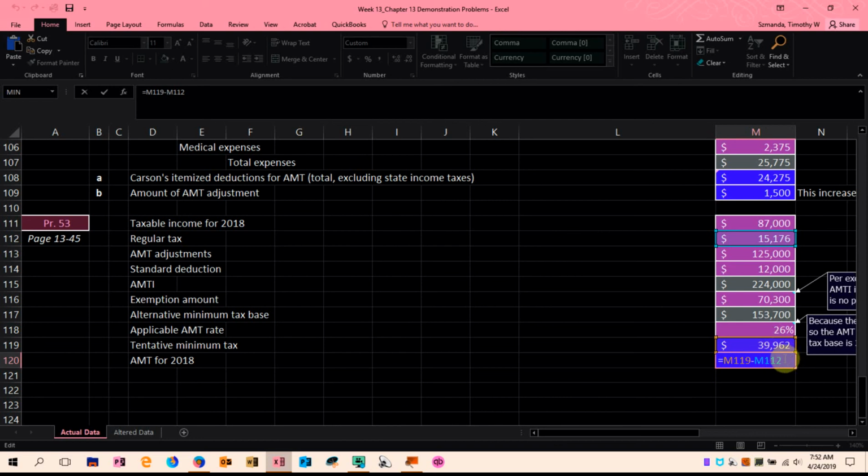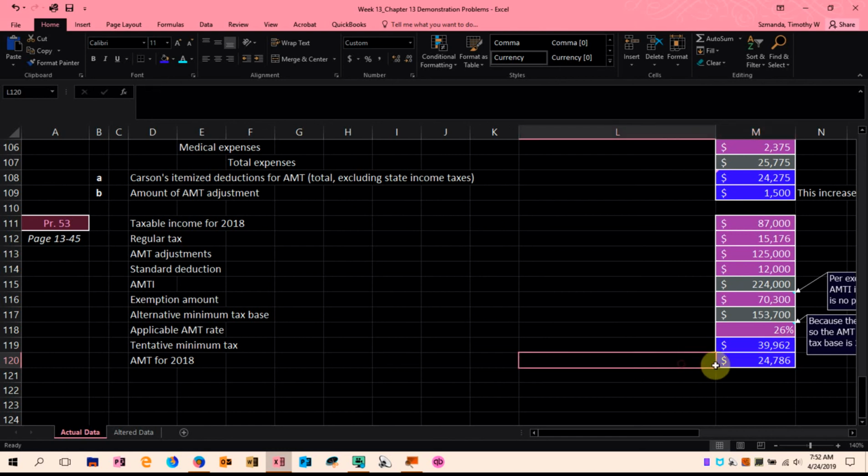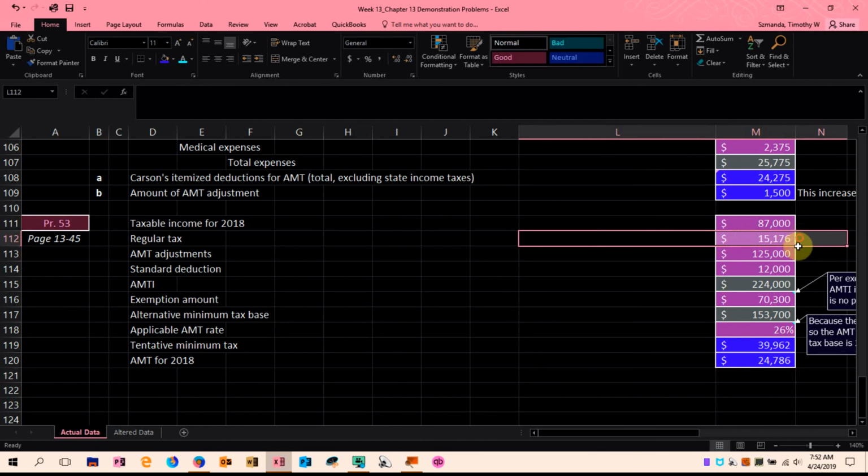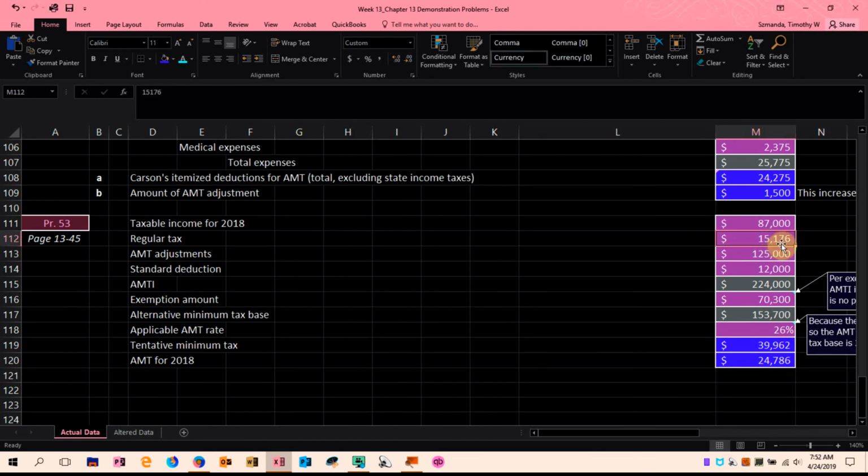Net the $39,962 with $15,176, and you wind up with an additional AMT tax of $24,786. So what we're saying essentially is that under the regular tax rules, this taxpayer only owed $15,176. However, under the AMT rules, they owe $39,962. So the difference between the two is the additional tax, the AMT tax for 2018 of $24,786.